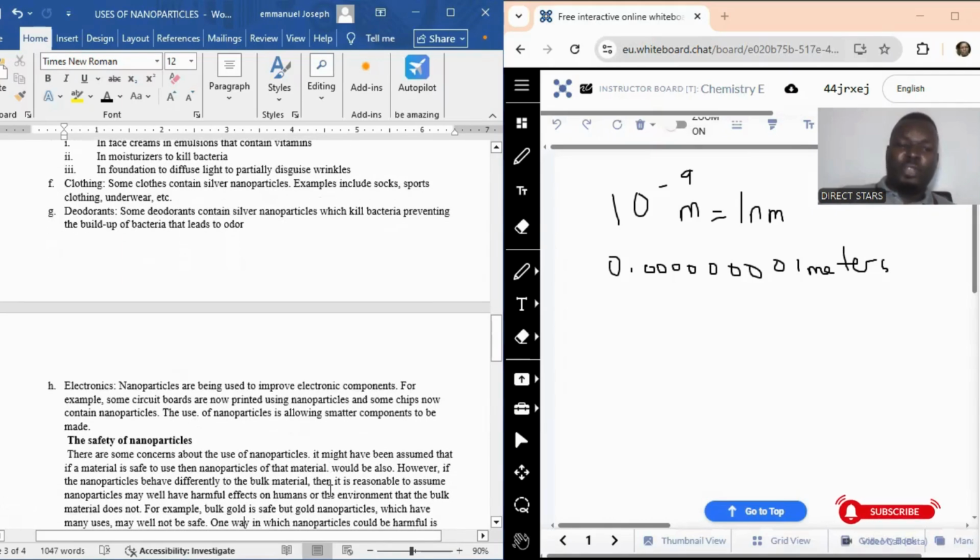Even your electronics, we now have chips that are very, very small in size that can still perform the function of the regular size chips. We have cameras that you will hardly be able to spot that have been developed with the help of nanotechnology.